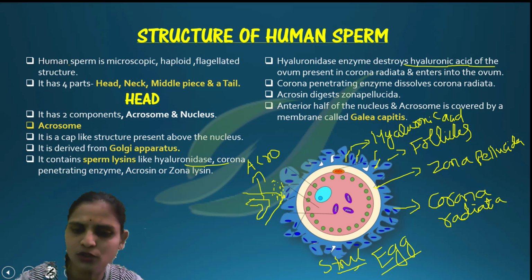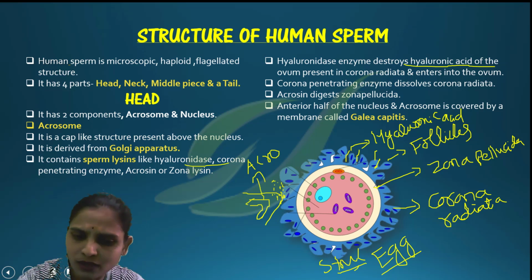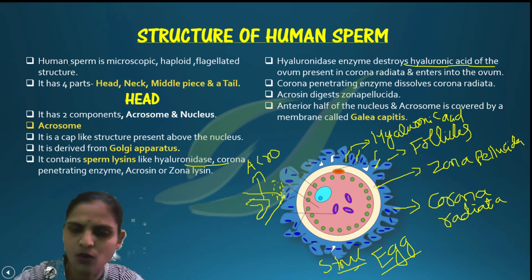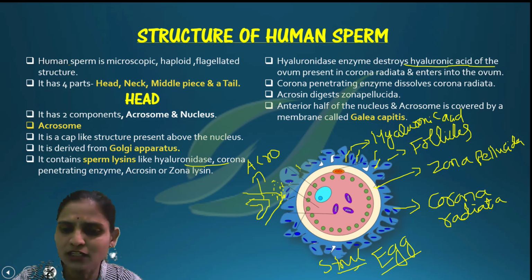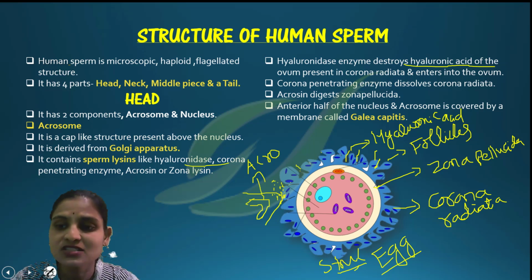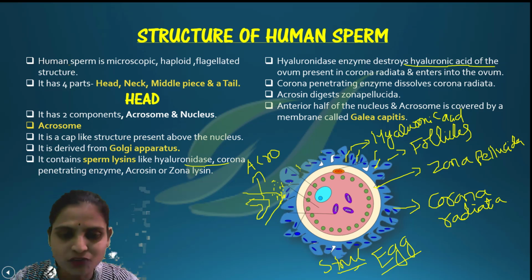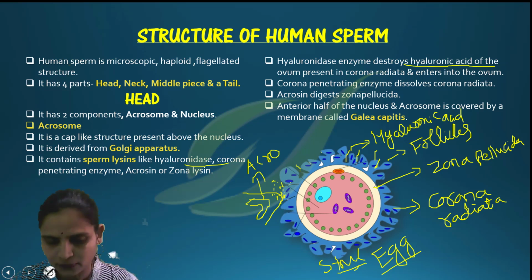What will it do? It will dissolve all the hyaluronic acid present in between these follicles. So the follicles of the corona radiata will get separated. That is the function of the hyaluronidase enzyme.